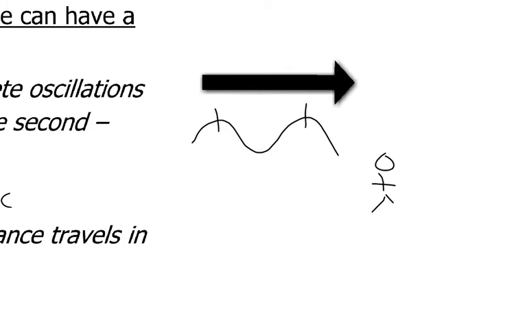The number of those that pass you per second is the frequency. So if this is going at a rate of 1 complete wave each second coming past you, then that would be 1 hertz. Now, sounds and light and all of that typically are way more than 1 hertz, but that's just to give you an idea. If it was 1 wavelength per second, that would be 1 hertz.